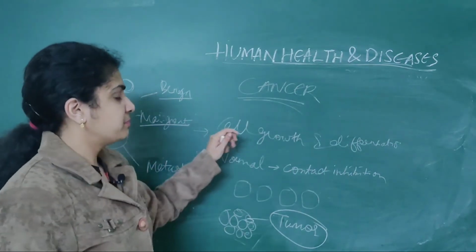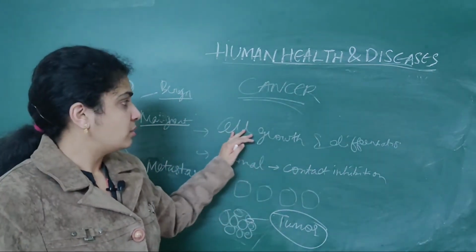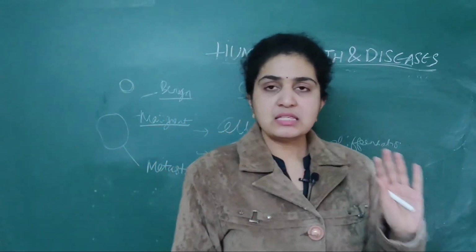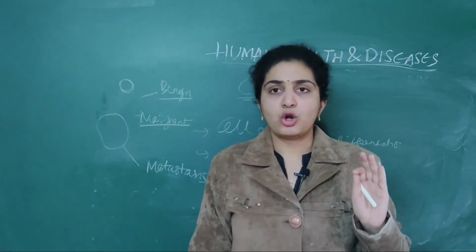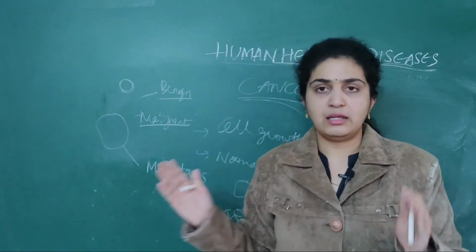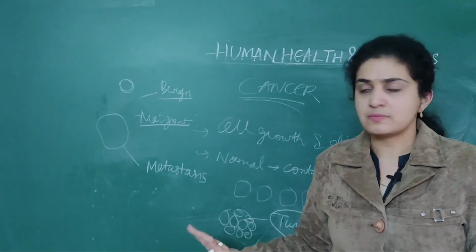So basically, what we have discussed till now: cell growth and differentiation in our body is a control mechanism. The normal cells show a property called contact inhibition, meaning there will be no contact with each other for the cells.